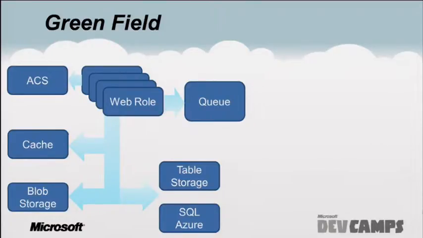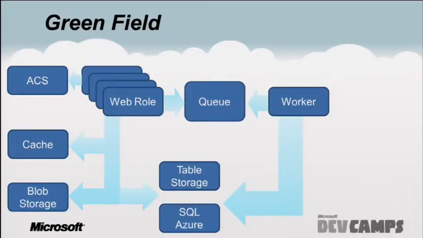So in this case, you can offload your work to the queue and then have a worker role sit there and pull this item off the queue to process that work. So think perhaps video encoding. Once you start doing that work, you may retrieve some information from table storage or SQL Azure, even blob storage, and then go and write that back. So that's offloading your work with an async process.